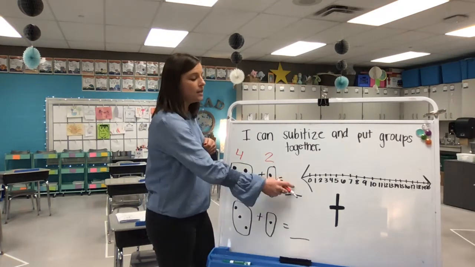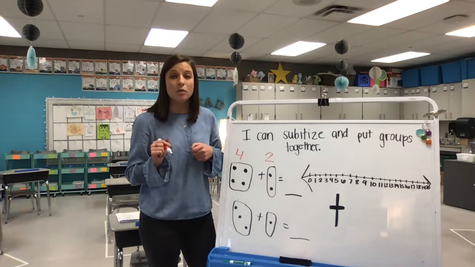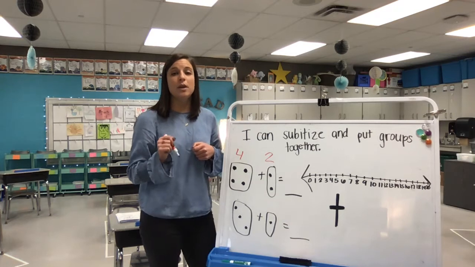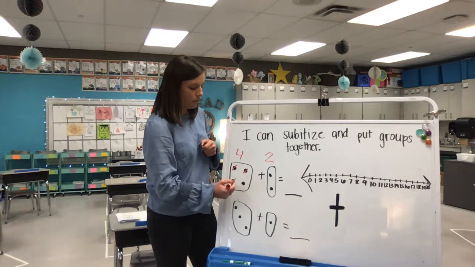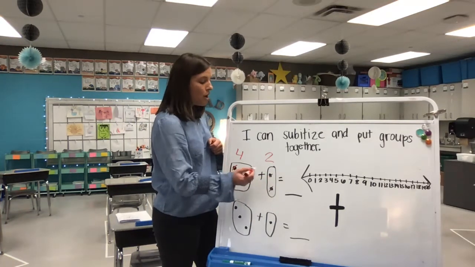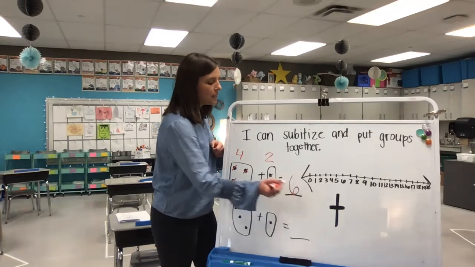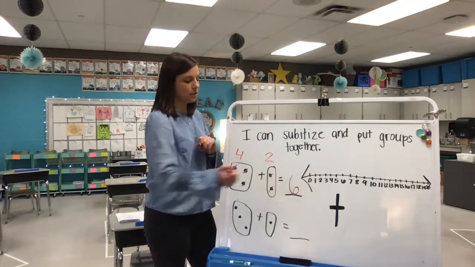Now, I need to tell how many there are all together. So this is where I can count all together. This is when I use the strategy of marking out. So I'm going to count 1, 2, 3, 4, 5, 6. All together, 4 add 2 equals 6, or 4 and 2 put together is 6 altogether.